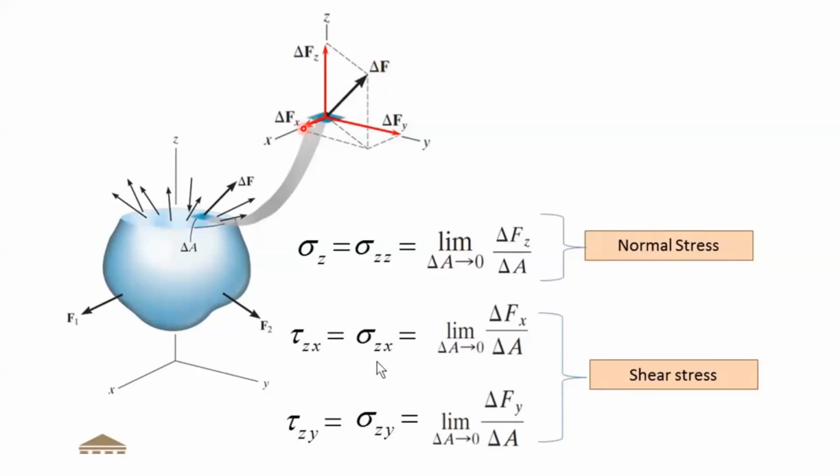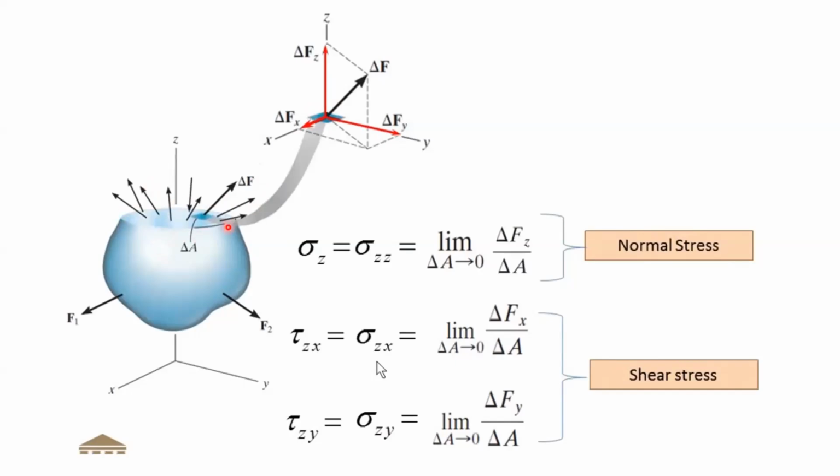Now, if we consider this delta Fx, delta Fy, and delta Fz, we'll understand some things. The first thing is this delta Fz is acting perpendicular to this area. So if you consider this area is in the Z plane. How do I say Z plane? The plane which is perpendicular to the Z axis is called the Z plane.